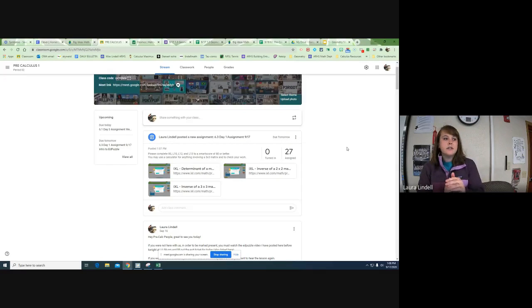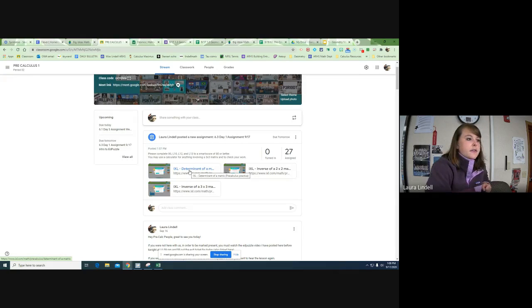There are 3 sections, but here's the instructions. So the first one is L10, and it's finding the determinant of a matrix. If it's a 2x2, I would like you to do it by hand to get the practice. You can check it on the calculator if you want. If it's a 3x3, feel free to use a calculator.